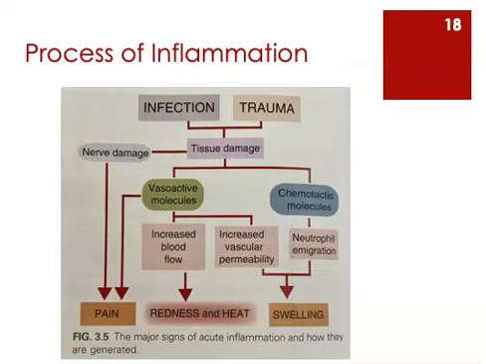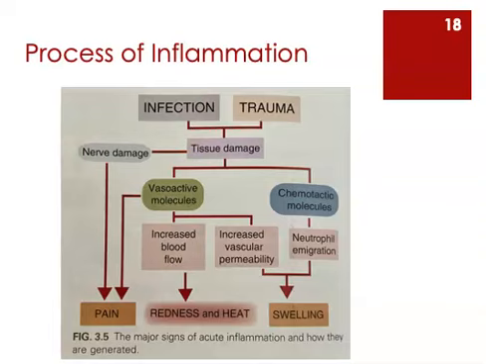Now, inflammation, as I'm sure you already know from probably personal experience, is a process that results in redness and heat in an area, and swelling and pain. Inflammation is no fun, but it's a really important response to help kill invading microbes.